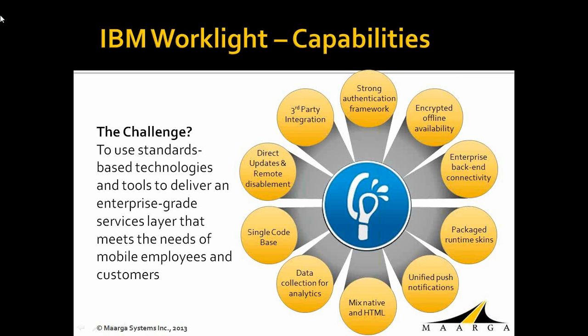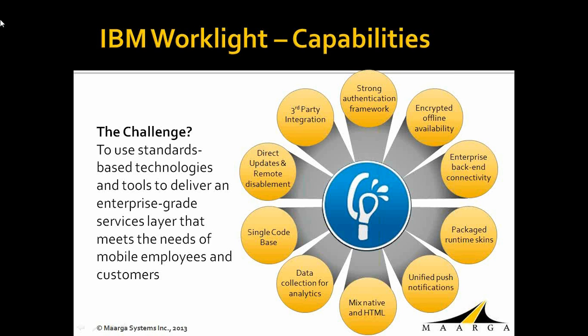Finally, the biggest concern is security. So WorkLight provides secure end-to-end communication between the device and the data backend by positioning a server that oversees the flow of data. And WorkLight also allows the enterprise to define custom security for access to this flow of data.